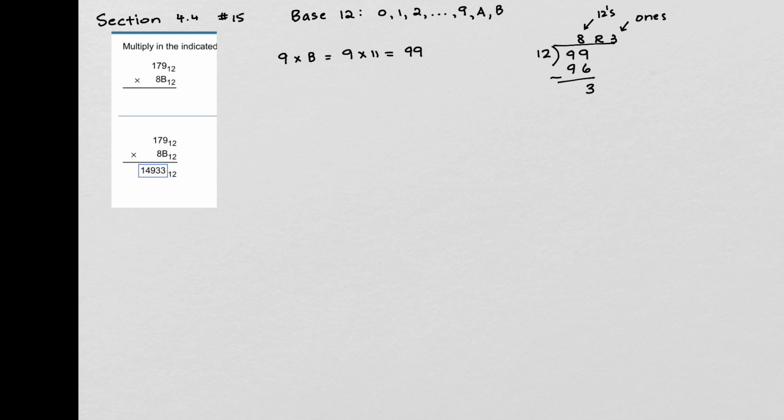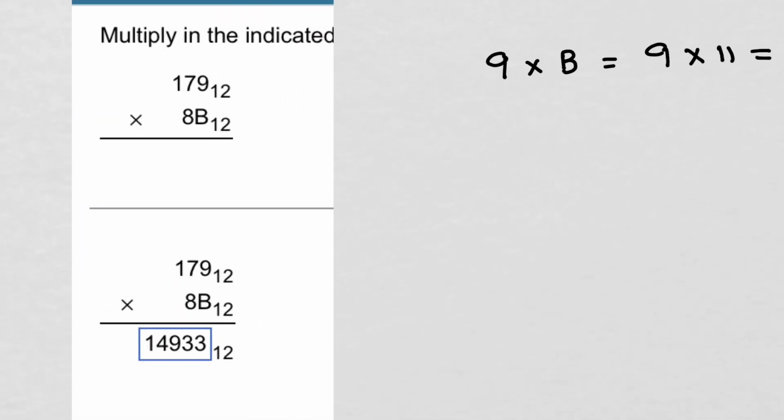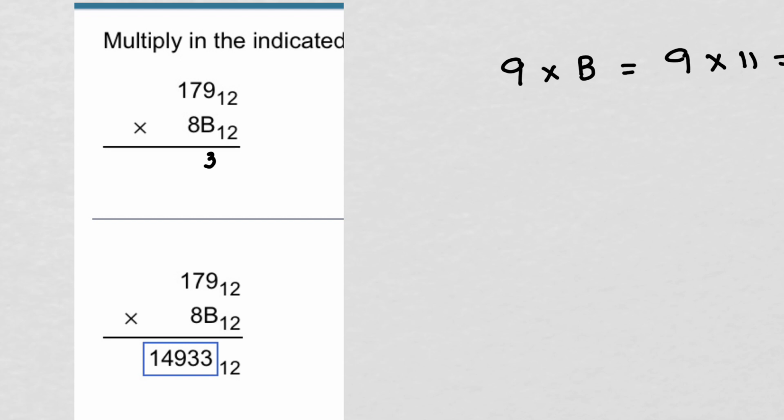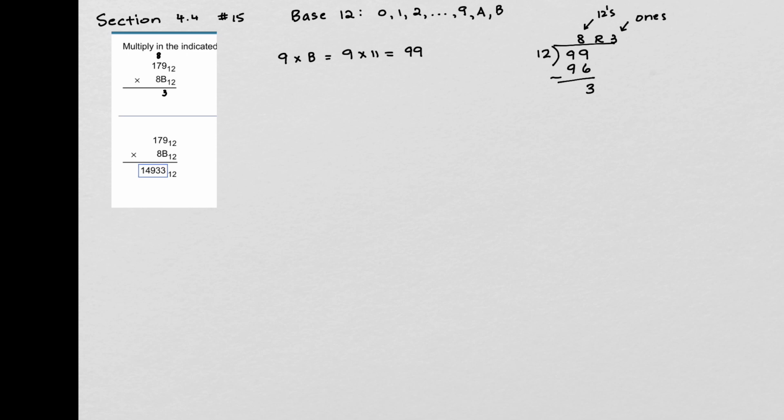So, I'll make this a little larger for a second. And I carry the 8. Okay. So next, I'm going to multiply 7 times B and add the 8. So that's 7 times 11 plus 8, which is 85.